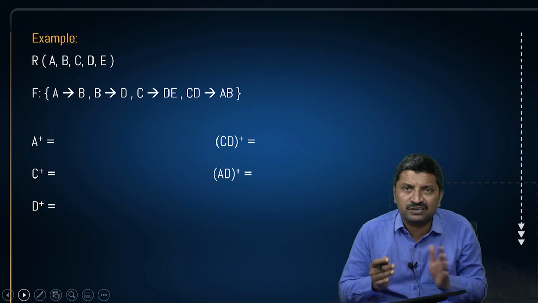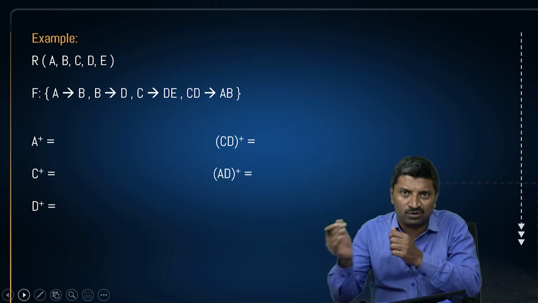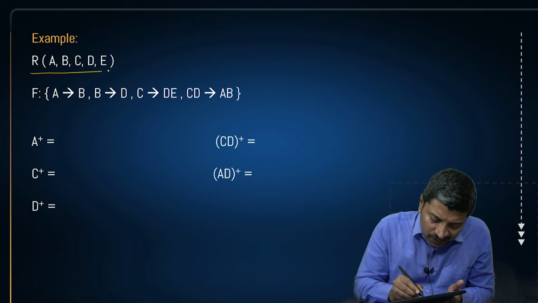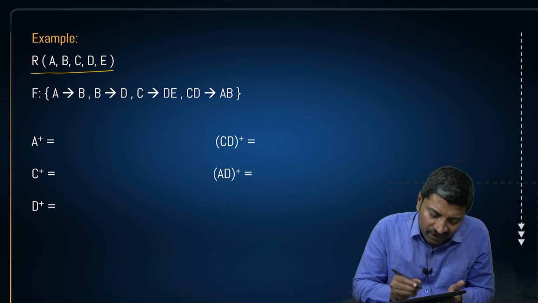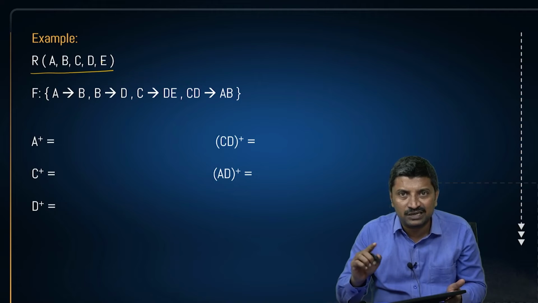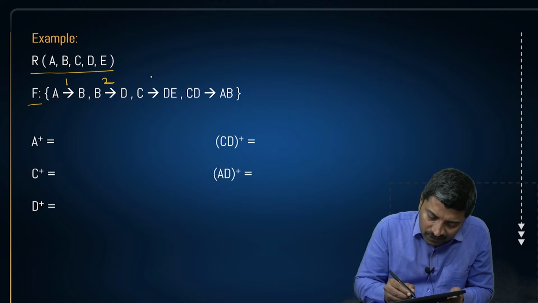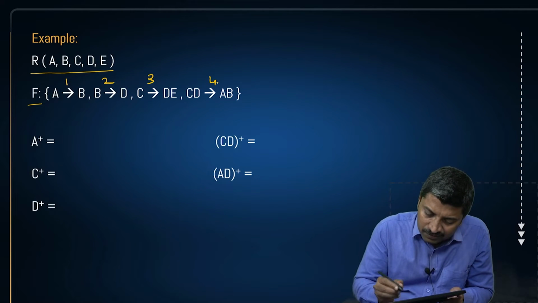Now let us find the closures of some examples. Then we will see how to find the candidate key and key. Assume this is my relation which has 5 attributes A, B, C, D, E. And they have given a set of functional dependencies which has 4 functional dependencies.